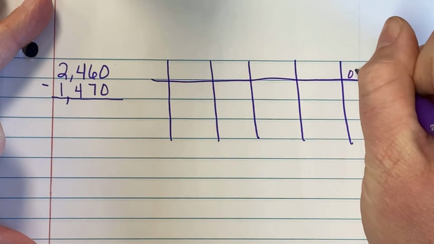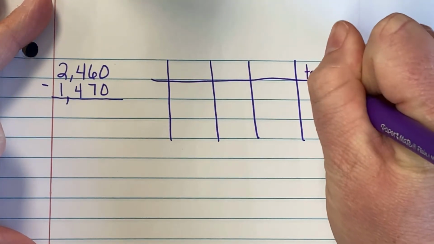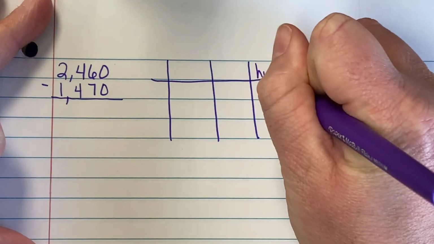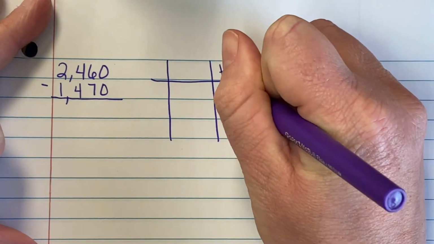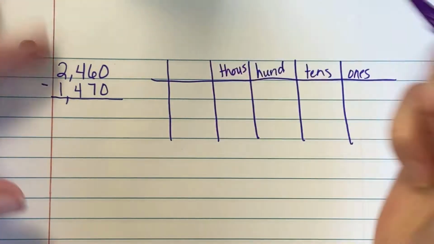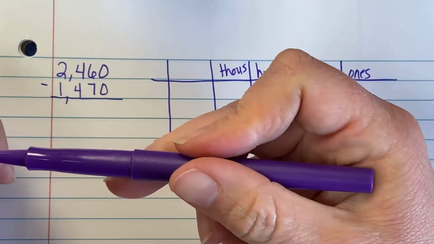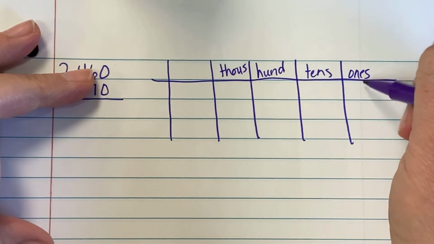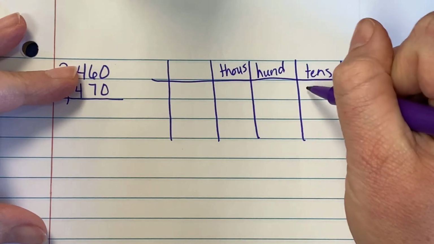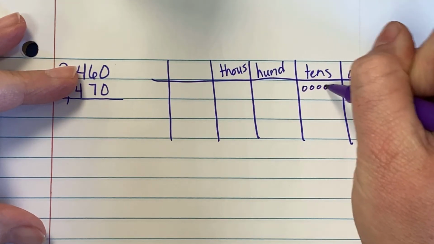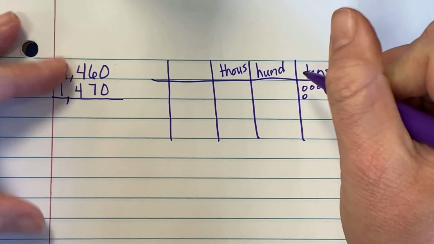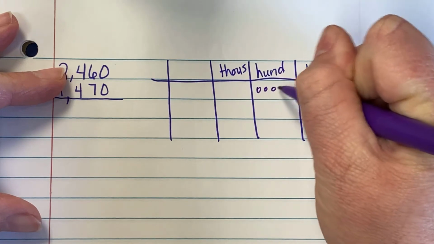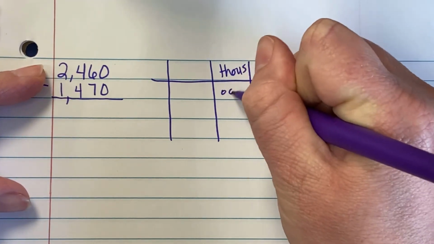I've got ones, tens, hundreds, thousands, and I don't need 10,000s because my number doesn't have 10,000s. So when working this, I don't have any of my ones. 1, 2, 3, 4, 5, 6. 1, 2, 3, 4, and 1, 2.